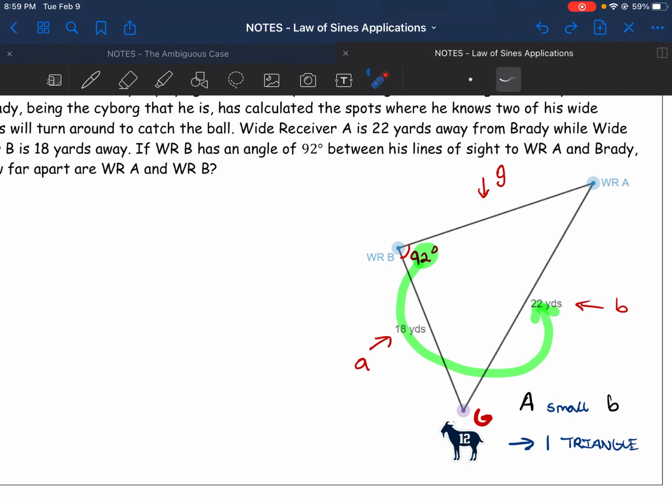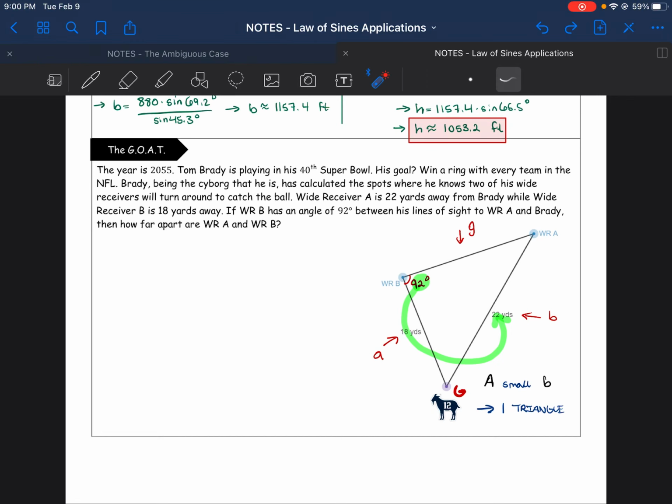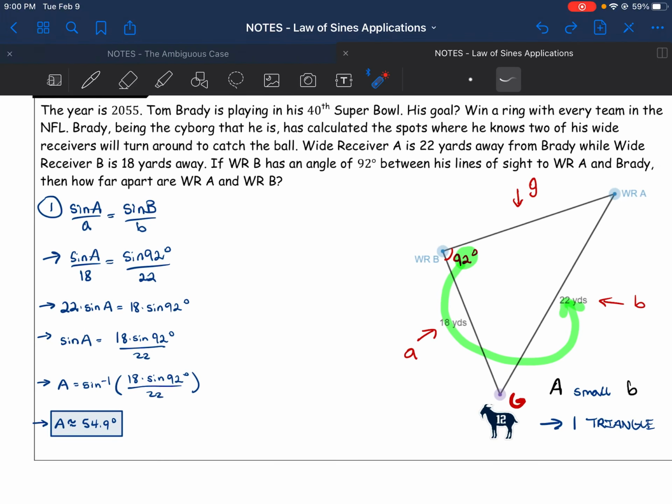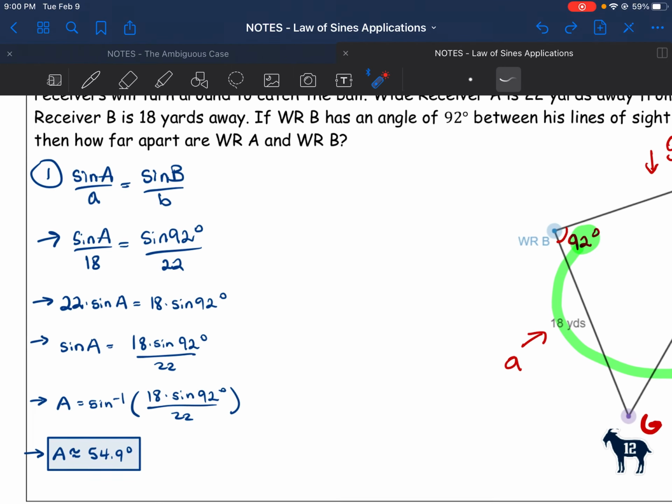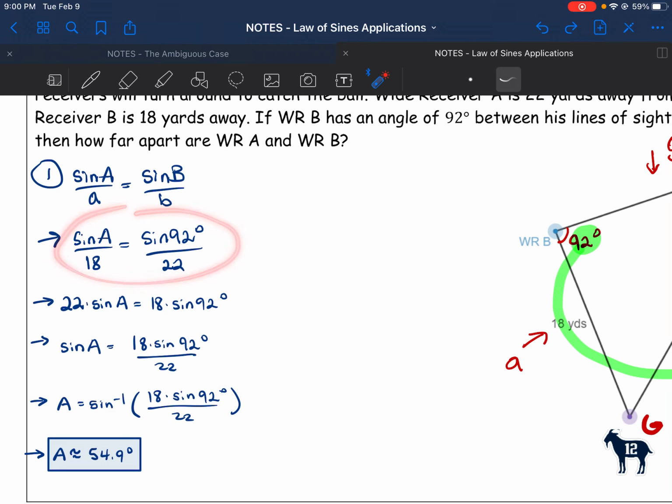Looking at the information given to us, we have angle B, we have side B, and we have side A, which means the only piece that we can find, at first at least, is going to be angle A. So that's what we do first here. We set up the equation sine of angle A over A equals sine of angle B over B, plug in the pieces right here, cross multiply.